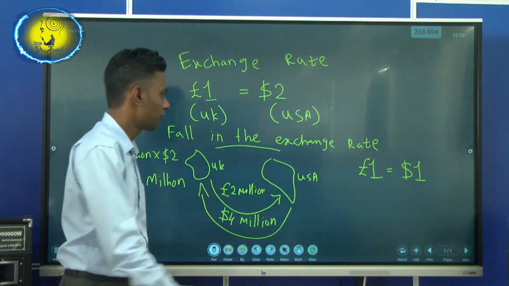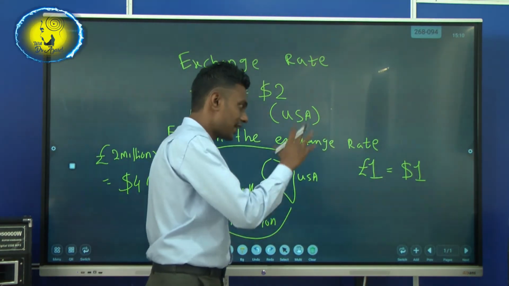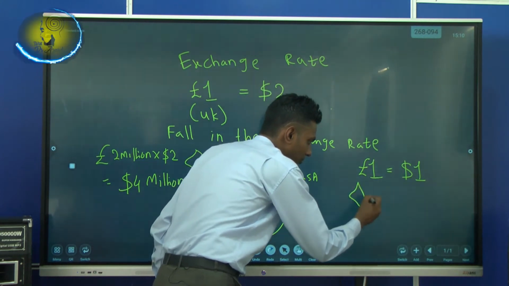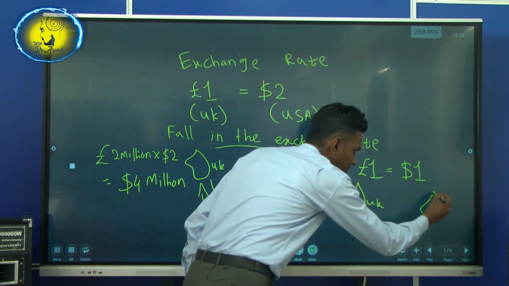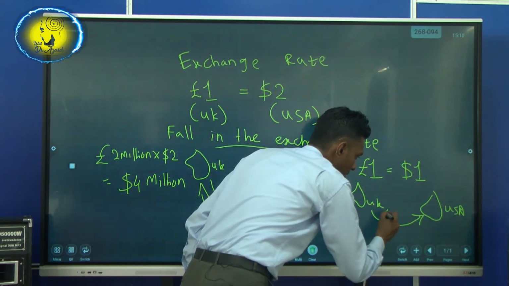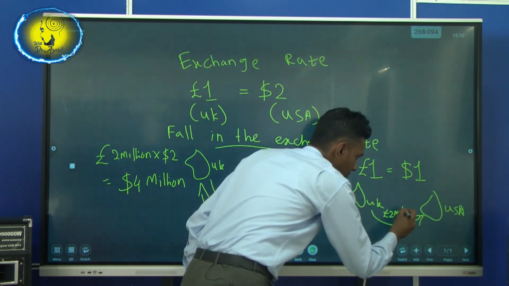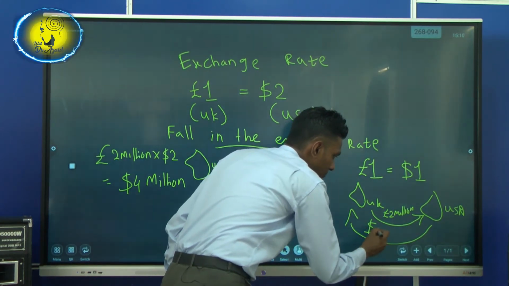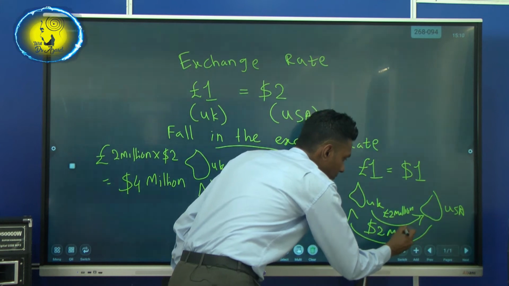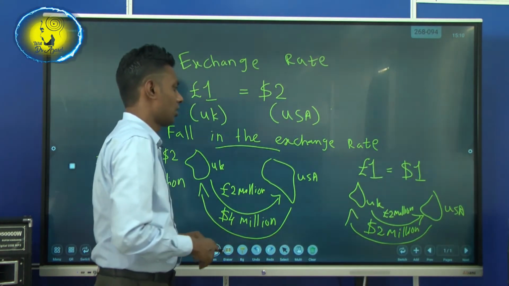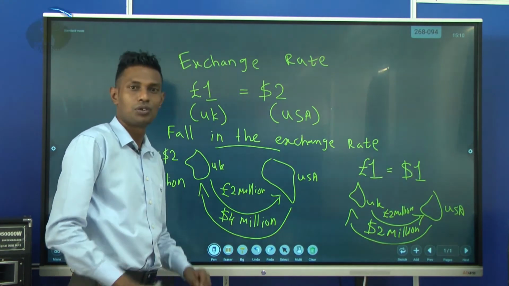What happens now if America wants to buy the same amount of goods from the United Kingdom, which is 2 million pounds? They only have to pay 2 million US dollars.